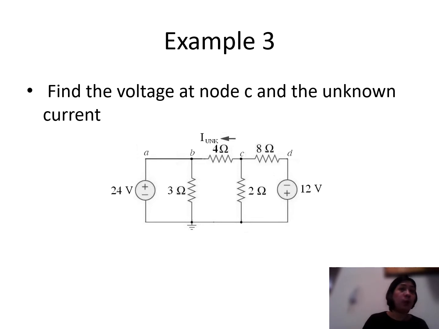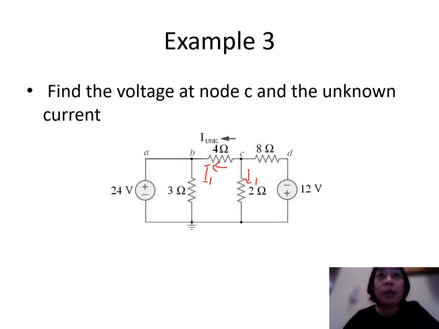Okay, so since we are finding the voltage at node C, let us call our currents that are connected at node C. Let us call this I1 flowing in this direction.